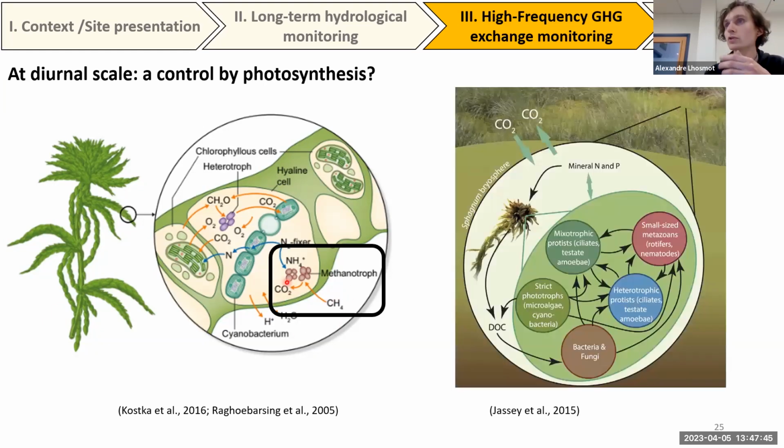In addition, sphagnum photosynthesis, but also all the microorganisms associated to sphagnum, mixotroph and phototroph, could, during the day with photosynthesis, produce oxygen, and this oxygen could favor the methane oxidation.